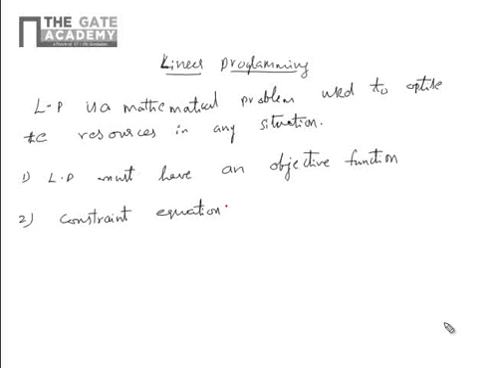Suppose, for example, you want to maximize the profit in your business, but at the same time you have to restrict the expenditure for a particular year to some 1 million. So many restrictions will be there, right? All the restrictions are called constraints.